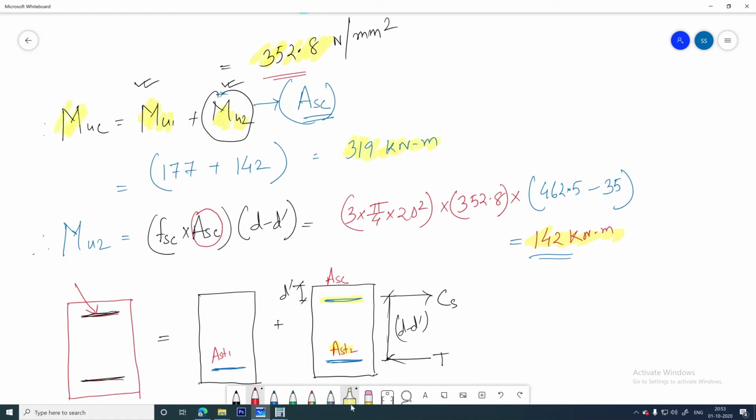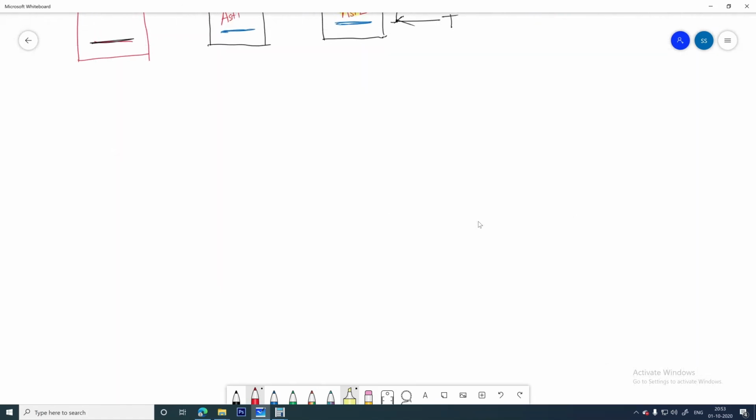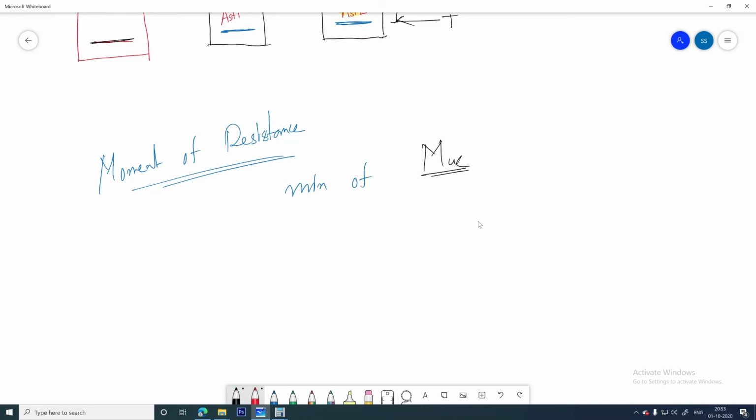So finally we determine the MUC and MUT, and the moment of resistance is what? It is the minimum of MUC, that means the total moment due to the concrete failure, and the MUT, the total moment due to the steel failure.